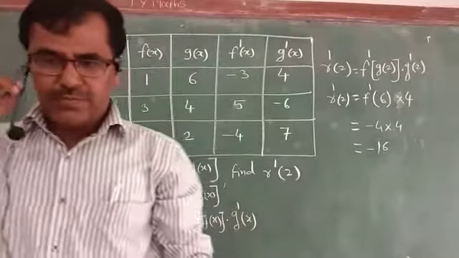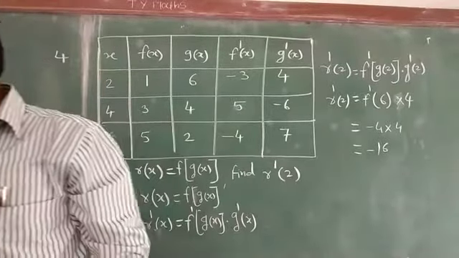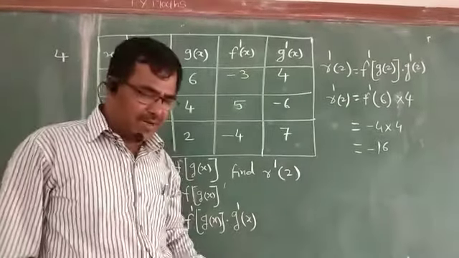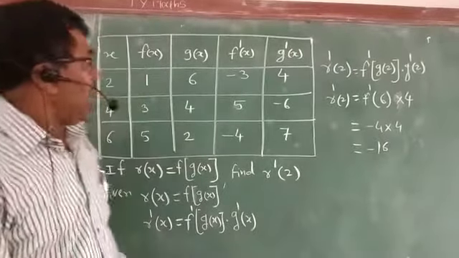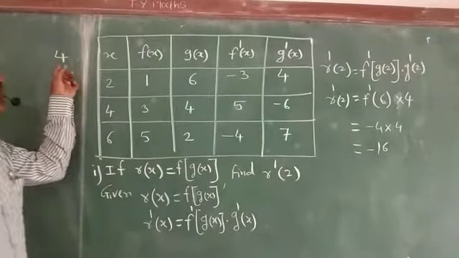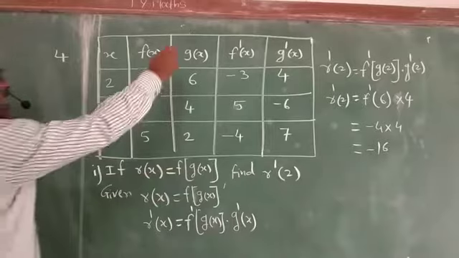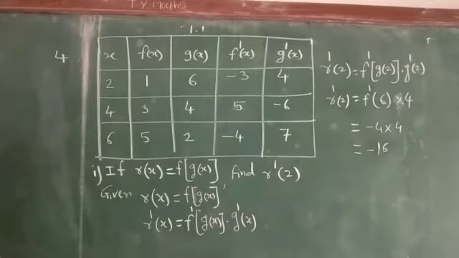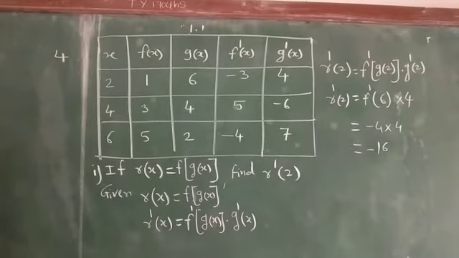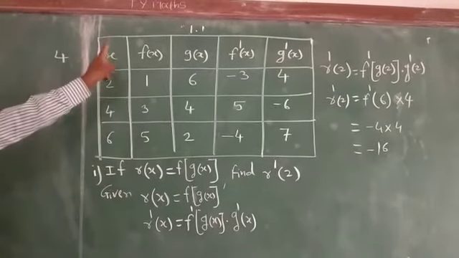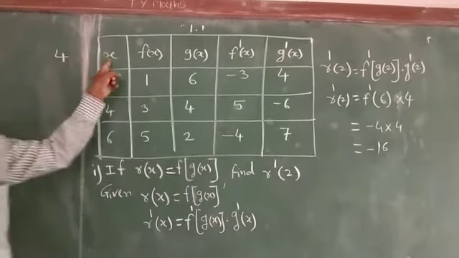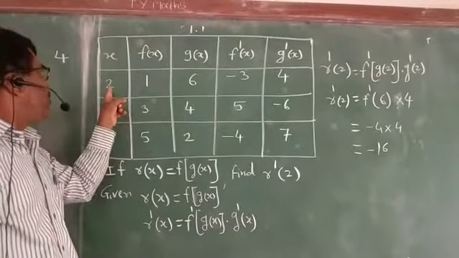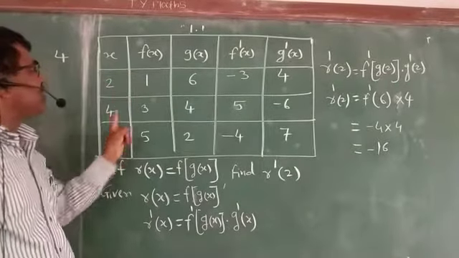Today we see the next example. Example number 4, Exercise 1.1. Given table, see over here. X has values 2, 4, 6.